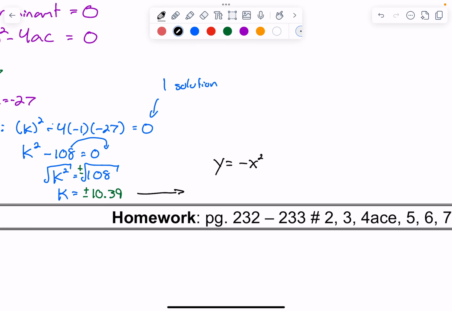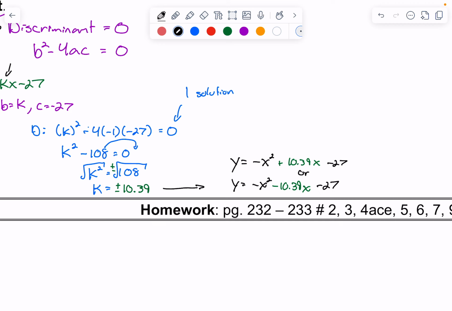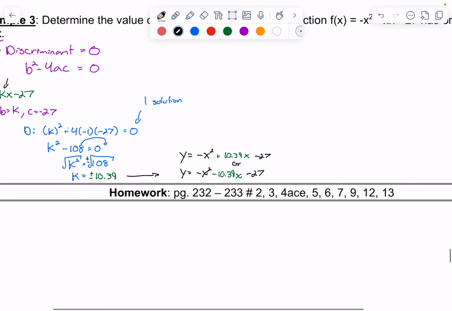And then you can either use the plus 10.39x minus 27, or it could be y is minus x squared minus 10.39x minus 27. Both of those would be a valid quadratic equation that would result in only having one solution, okay? All right, and there is the work for class. I'll see you then.